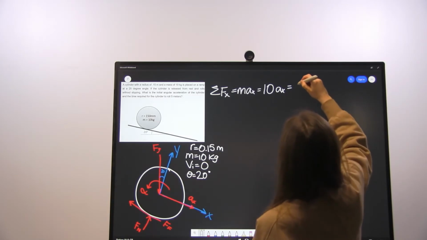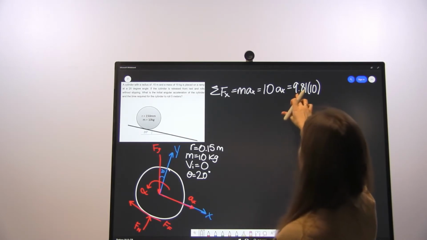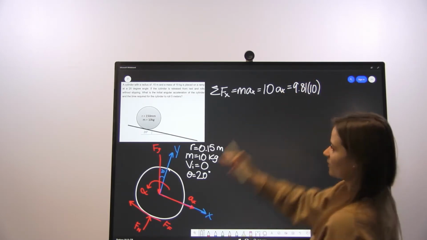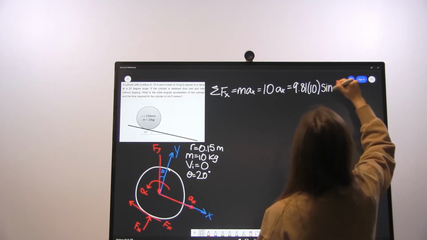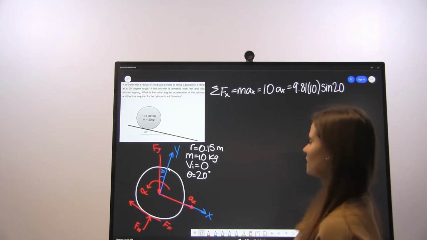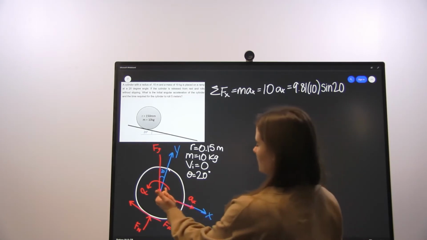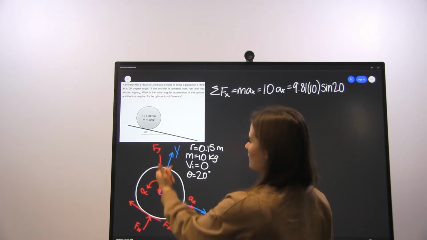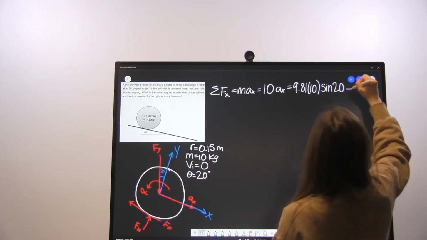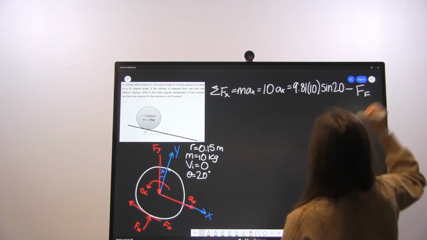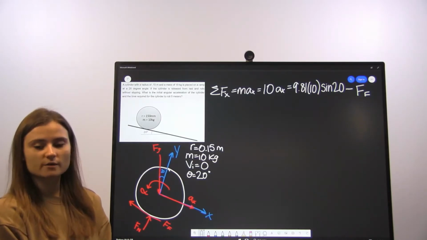Force of gravity is acceleration due to gravity times mass, and for the x direction, we multiply this by sine of 20, because that's what gives us our x component. That's going to be minus the force of friction, because force of friction is acting negatively. So now we have forces in the x direction.